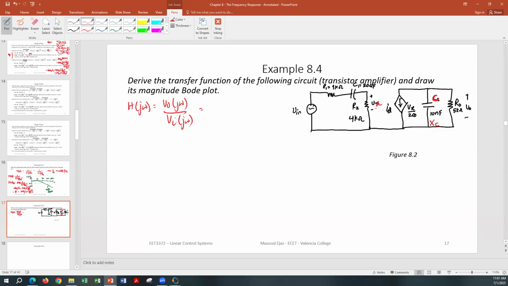Vx. Now V out here, of course, this is all in parallel. So you can find the parallel combination of these two, which will be, let's say, Z, the parallel combination of XC and R out.